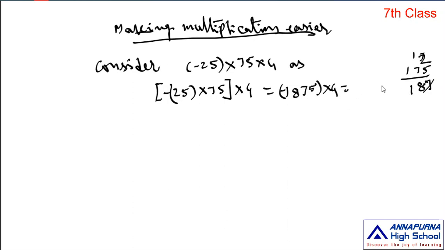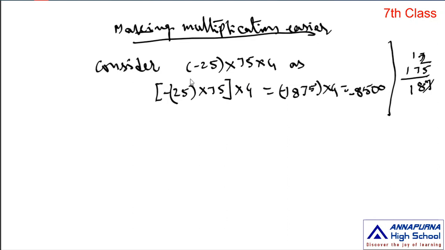Multiply 1875 by 4. 4 5s are 20, 2 is carried. 4 7s are 28 plus 2, 30, 3 is carried. 4 8s are 32 plus 3, 35, 3 is carried. 4 1s are 4 plus 3, 7. Here we are multiplying negative and positive, which gives negative.